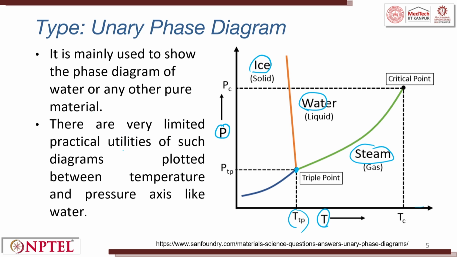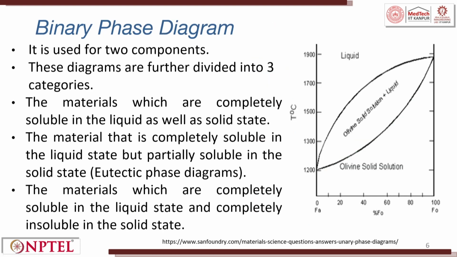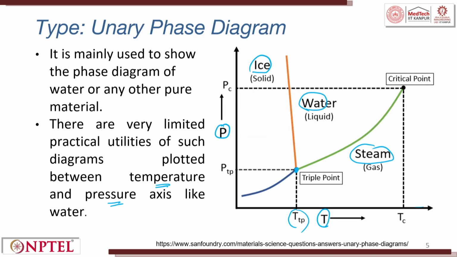The practical uses of such a diagram plotted between temperature and pressure are very limited, because when you change the pressure, water gets converted into steam. This is just an example, or this exists only for water and some other pure materials. We very seldom use it from the materials perspective or the manufacturing point of view.